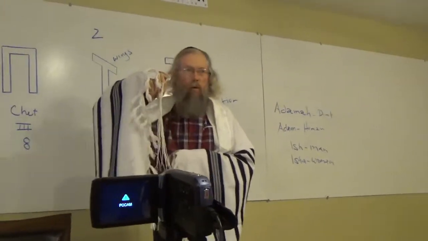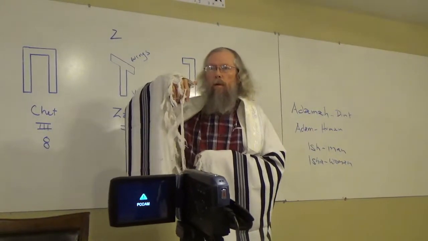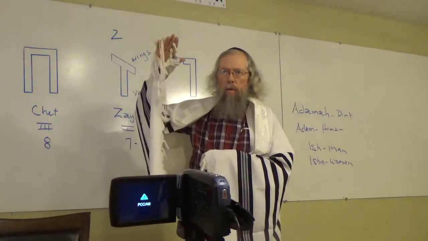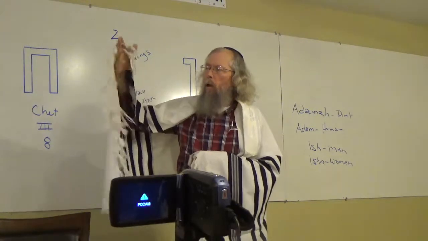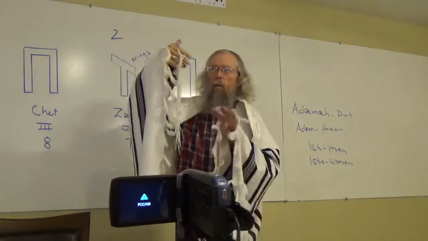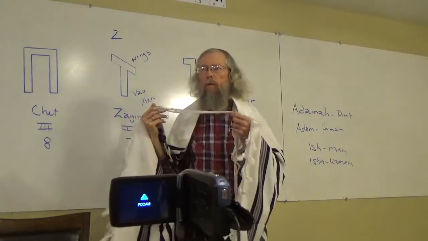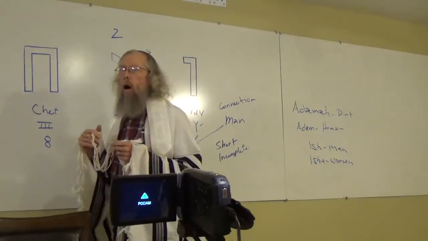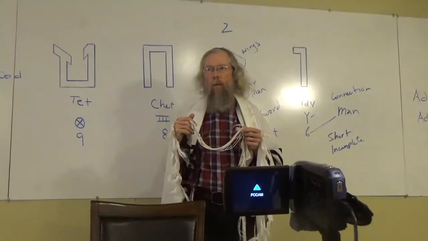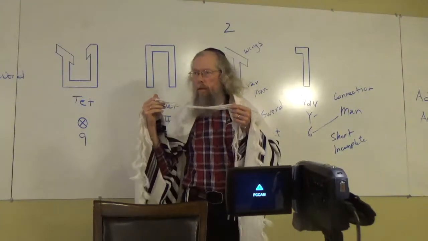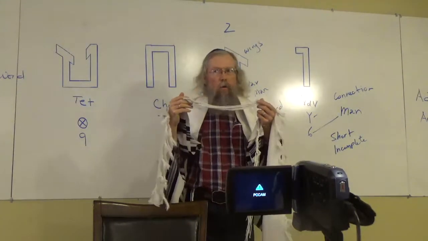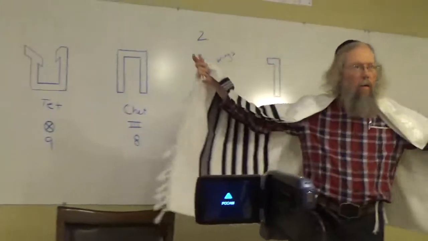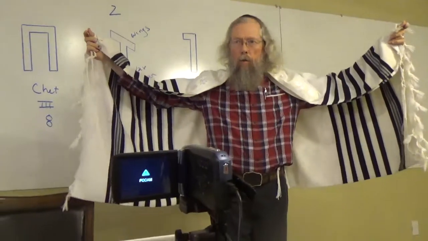Where he says to Moshe to tell the people that they shall put on the corners of their garments fringes, tzitzit. And so, what is the purpose of the tzitzit? That you may look upon them and remember to do all that I have commanded you. This is called a talit gadol.